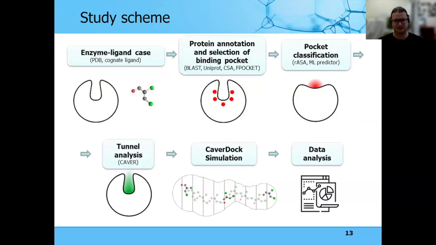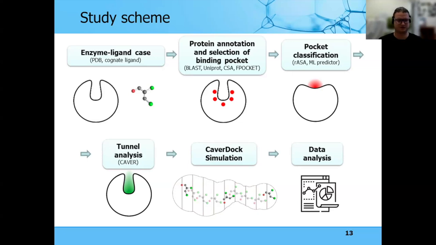In practice, each case from our data set was processed like this. We started, of course, with the enzyme-ligand pair, where we had the information about the actual protein and also the cognate ligand for that specific protein.